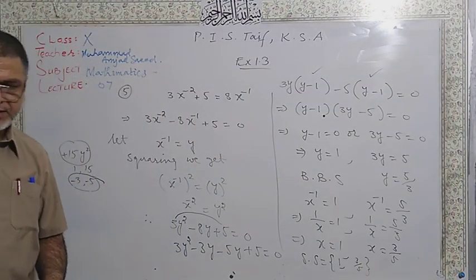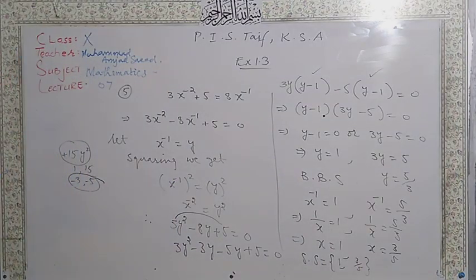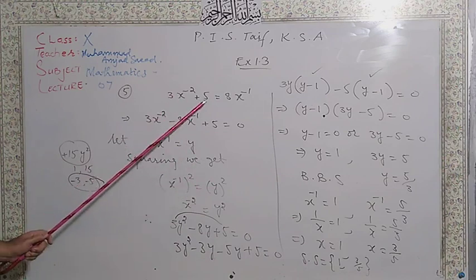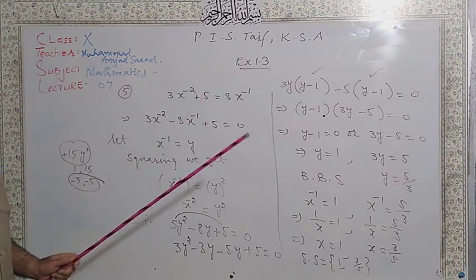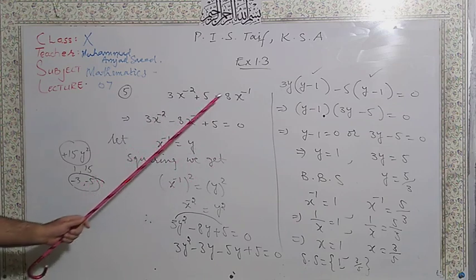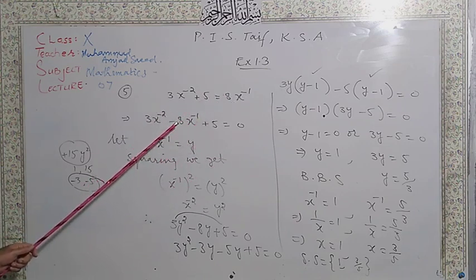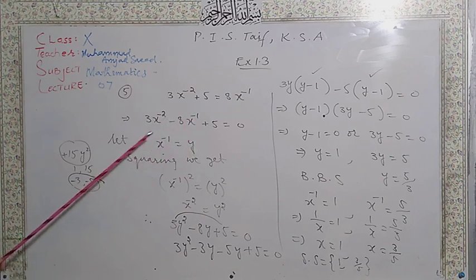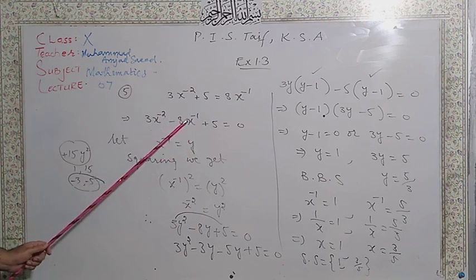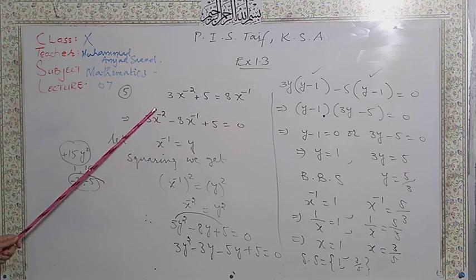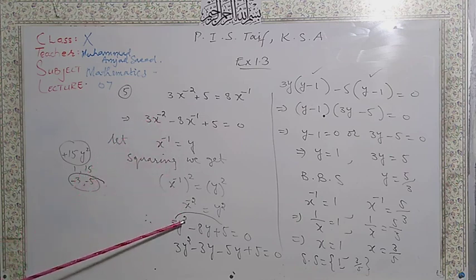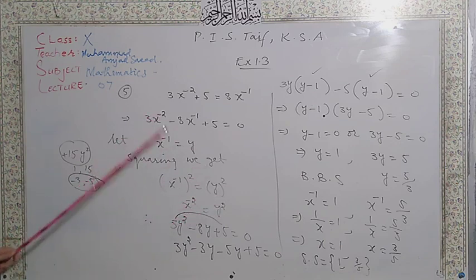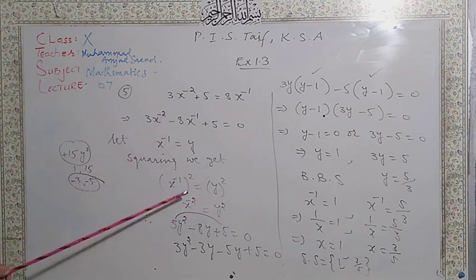So dear students, this was your question number 5. You can see 3x^(-2) + 5 = 8x^(-1). We shifted 8x^(-1) to the left hand side, and then let x^(-1) = y so that we can make the proper shape of a quadratic equation. Taking the square, we get y^2 = x^(-2).